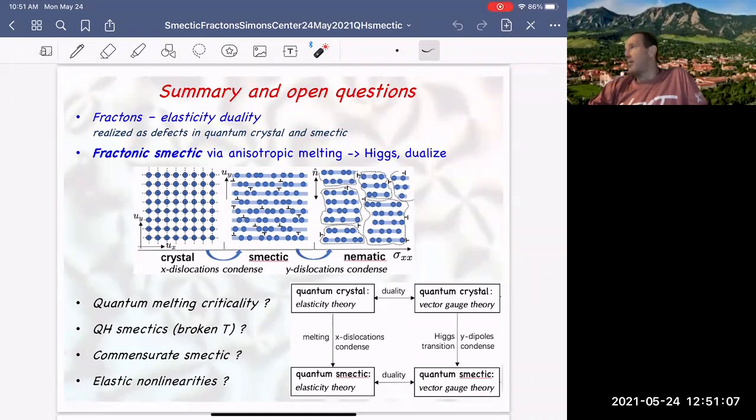This is what was studied by Halperin and a second author whose name is escaping me. They did this anisotropic melting in the thermal case, and there's a long crossover from a crystal. Once you unbind dislocations, you go to a nematic at asymptotically long scales. The smectic is really unstable in 2D at finite temperature.